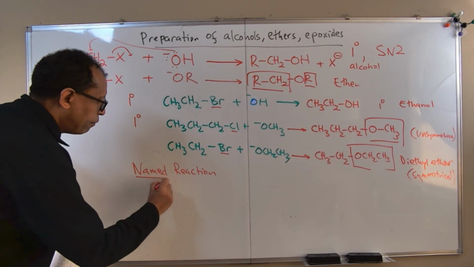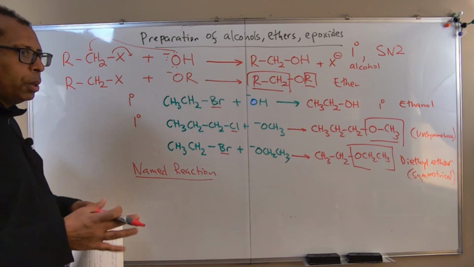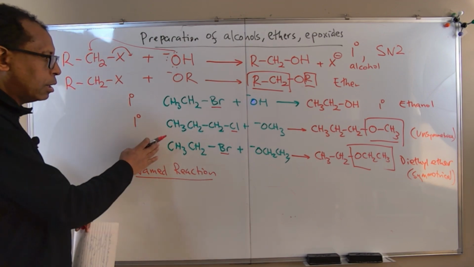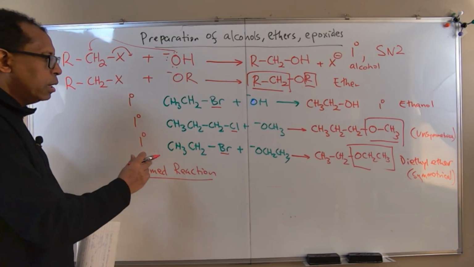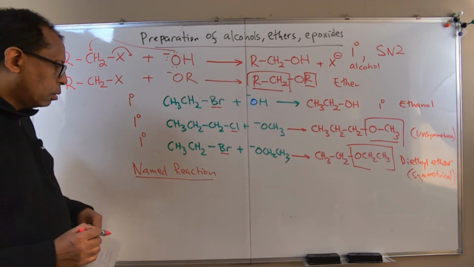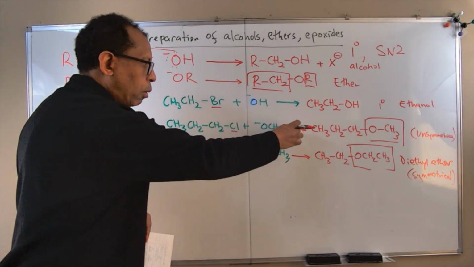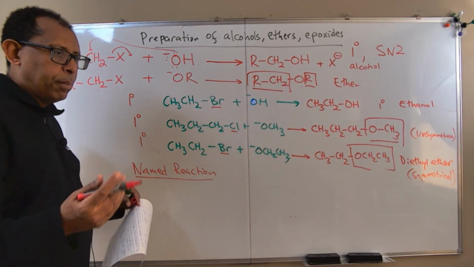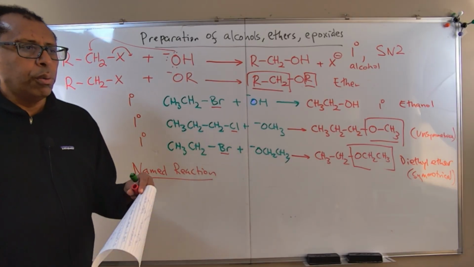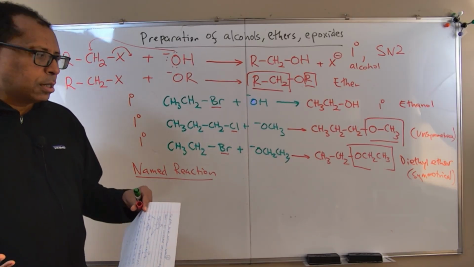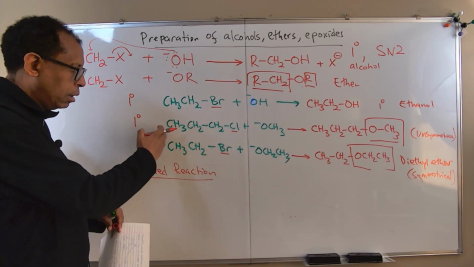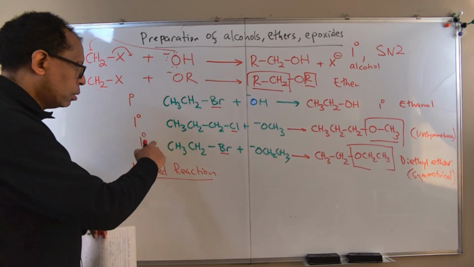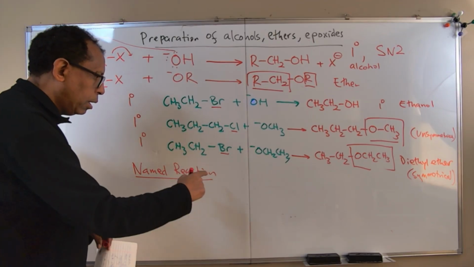So if somebody shows a mechanism for Williamson ether synthesis, they mean a primary alkyl halide reacting with an alkoxide. These are all named reactions after Williamson. So if somebody just prompts you by saying we are doing Williamson ether synthesis, it means that you are reacting an alkyl halide, a primary one, with an alkoxide.